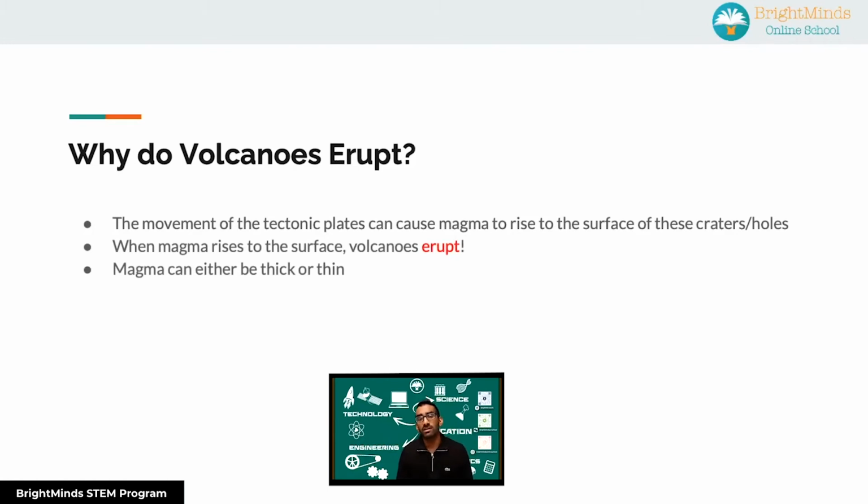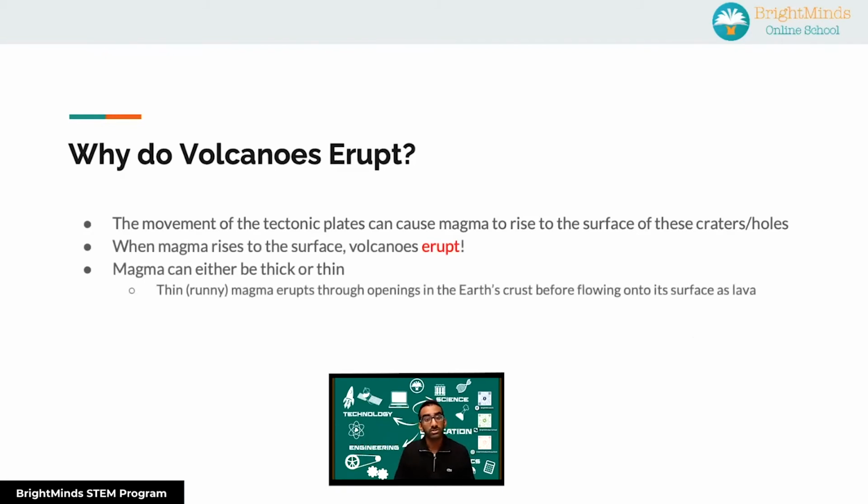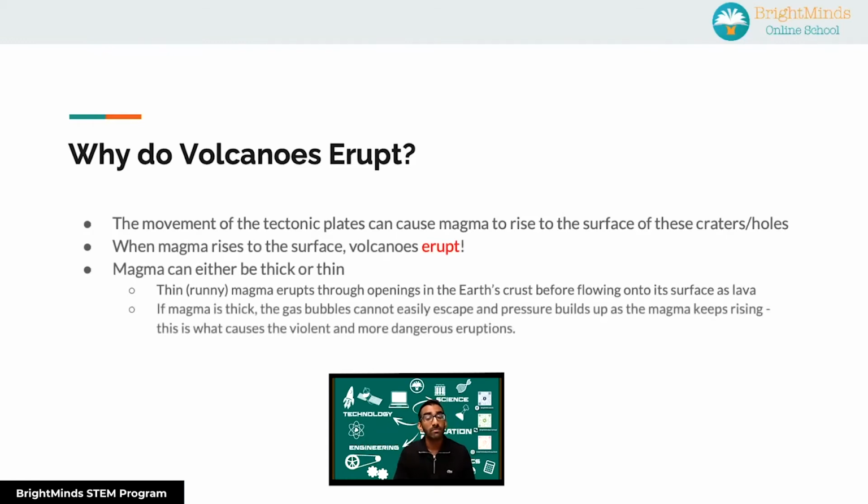So the thing about magma is it's kind of interesting, okay? So magma can either be very thick or it can be very thin, okay? So thin or runny magma erupts through openings in the Earth's crust before flowing onto its surface as lava, okay? And if the magma is thick, the gas bubbles can't easily escape, okay?